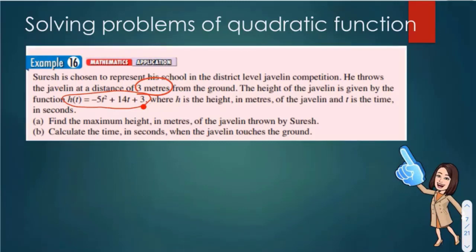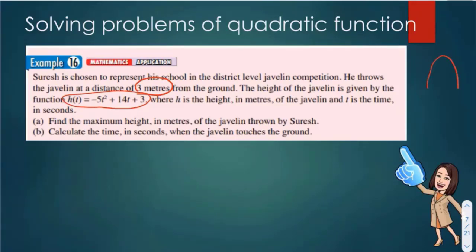So how do we identify whether the graph is U or N? We look at the value of a. So a is a negative value, so the shape of the graph should be N. Please bear in mind, if the value is negative, it is an N shape graph. So you can visualize that the graph is N shape.